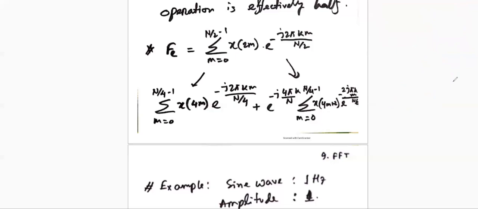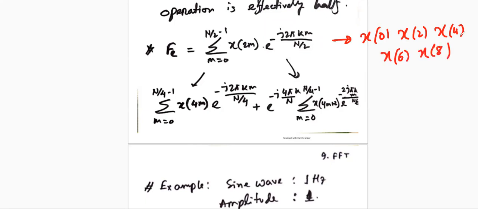Just to understand the fact, we take the even part, which we have already discussed in the earlier section, and now we divide it into two sections again. In this section, the samples we have are X0, X2, X4, X6, X8.